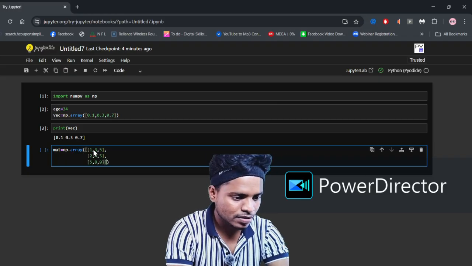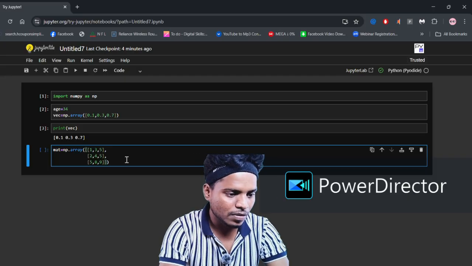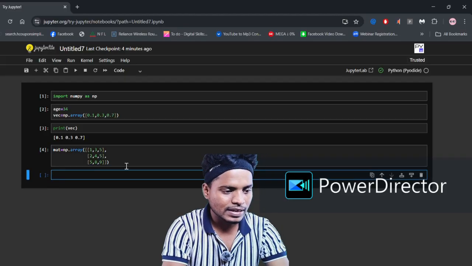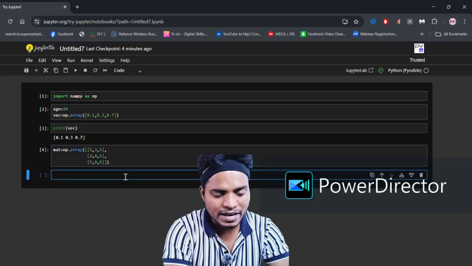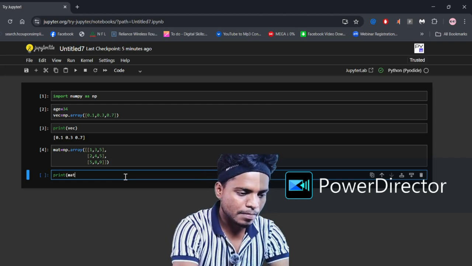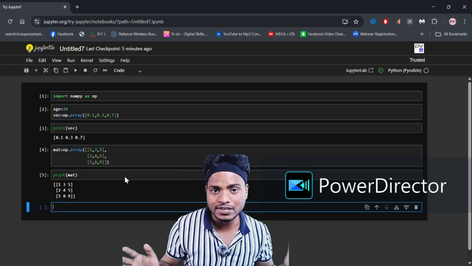Great, now it is done. We have created our matrix. Now let's execute this. Now let's print our mat variable and see what happens. Print mat. Wow, we have successfully created it.